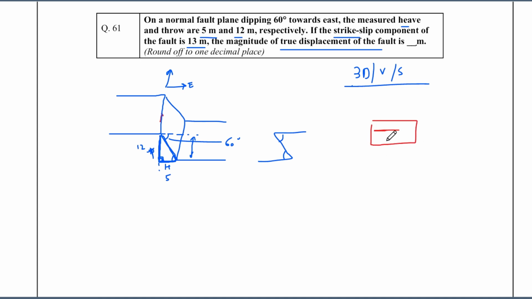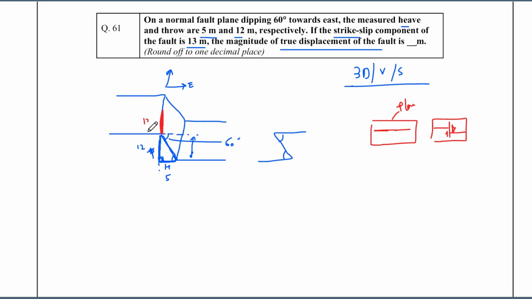Suppose this is some bed, and now it is displaced. The gap that is created between the two is 13 meter. Suppose this is our 13 meter.